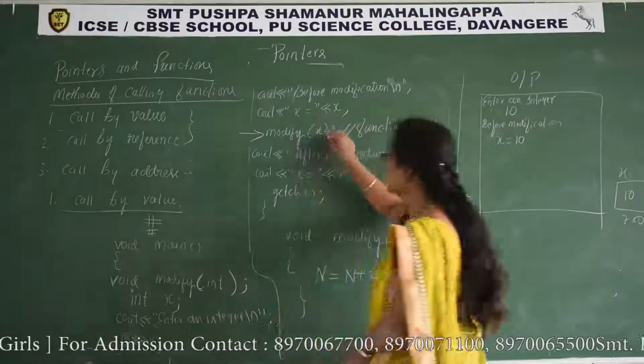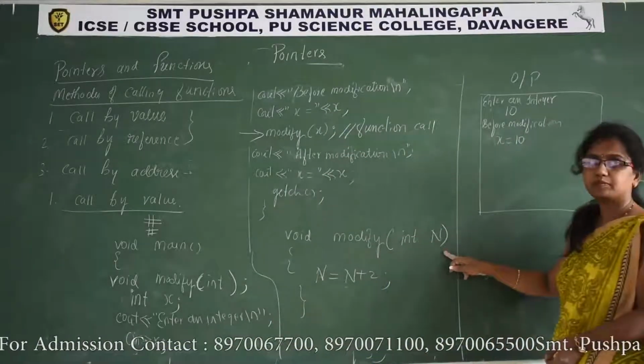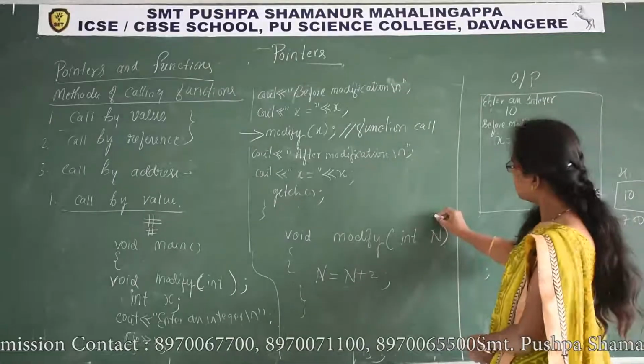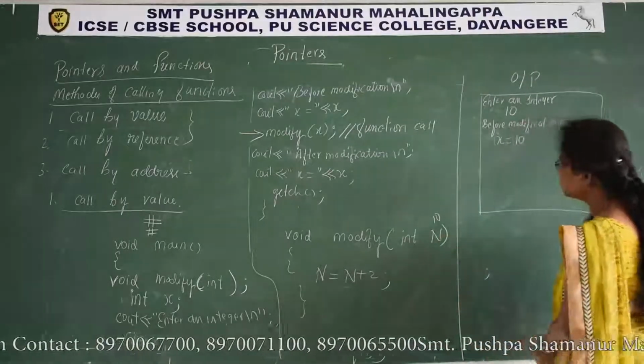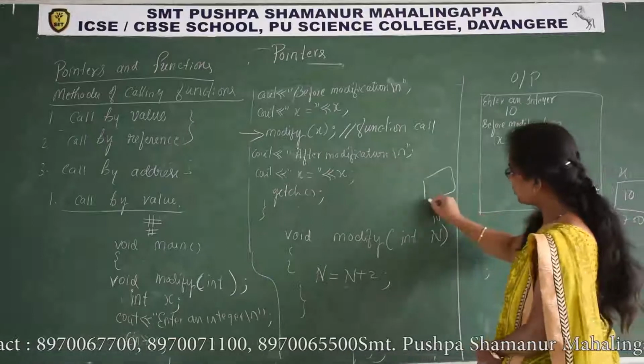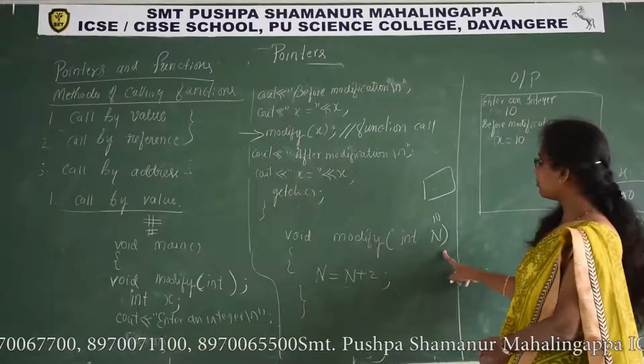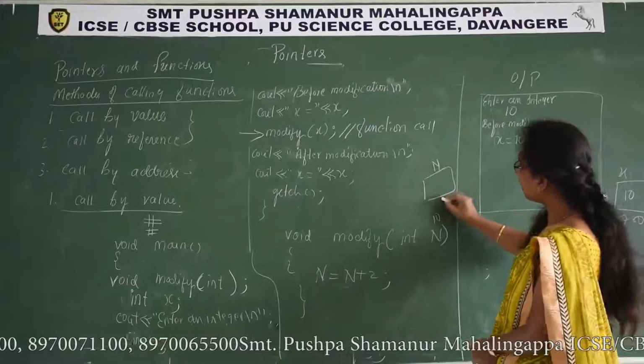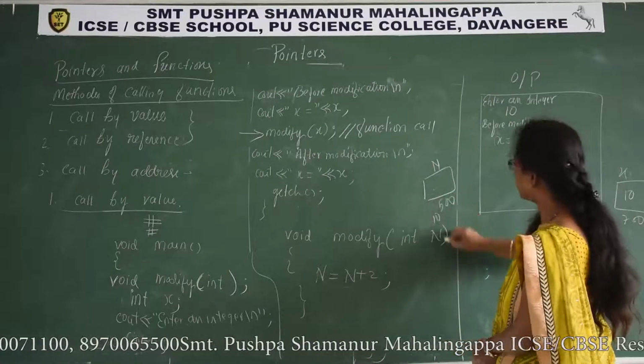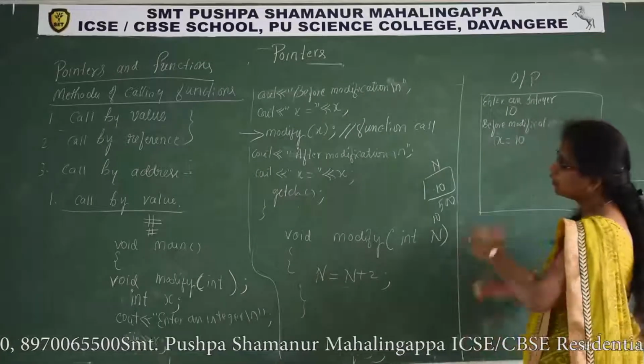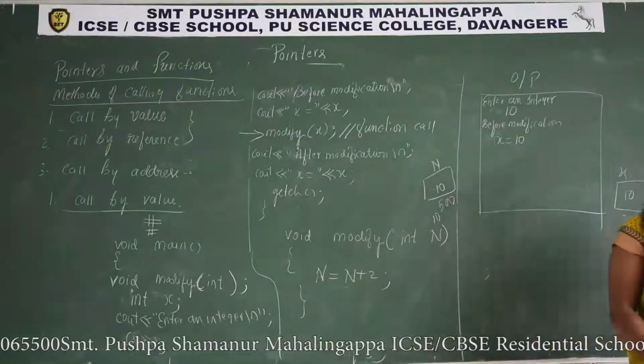The value of x will be copied to n. Now n also has 10. Int n means declaration of a variable, so there is a memory for n. Let us assume the address is 500. So n also contains 10. The value of x is copied to n.